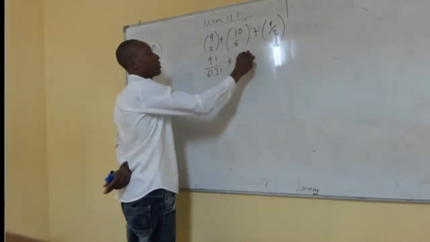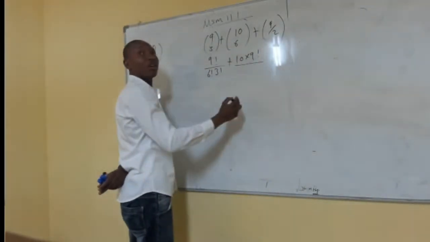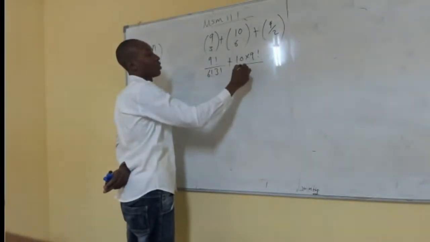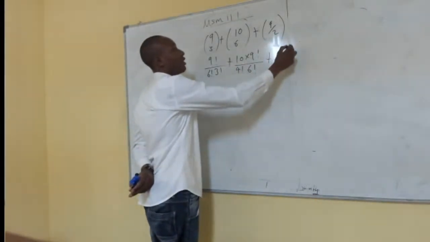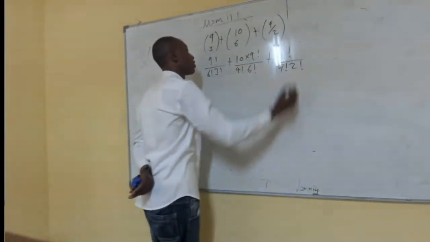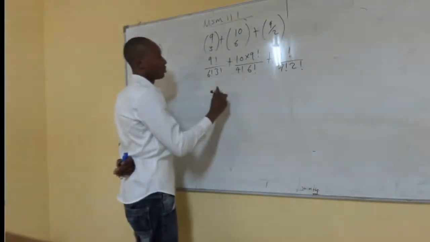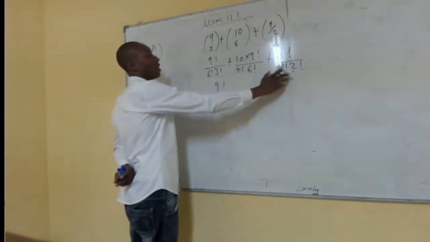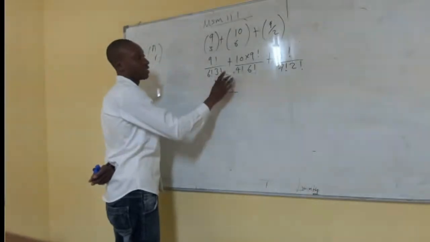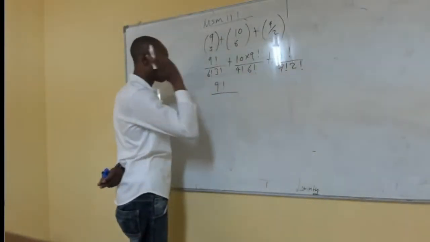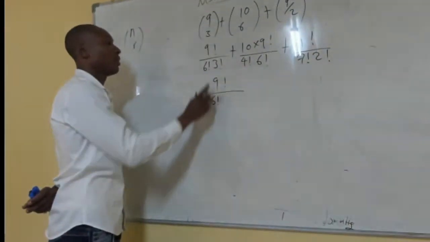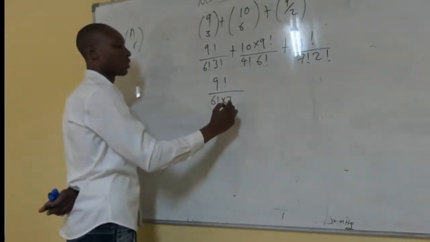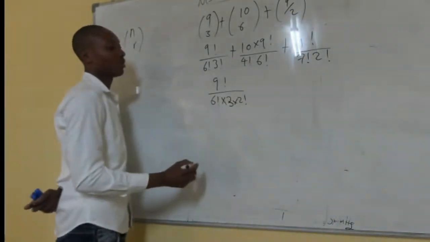Now we said 10 can be written as that over 10 minus 6 is 4 factorial, then 6 factorial, then 9 factorial over 7 factorial, 2 factorial. Okay? Then from here, what we said was we have 9 factorial over. Now we said we are going to rewrite this in such a way that we have the same thing which is common from there, so we have 6 factorial. Then this part will end up being multiplied by 3 times 2 factorial, okay?